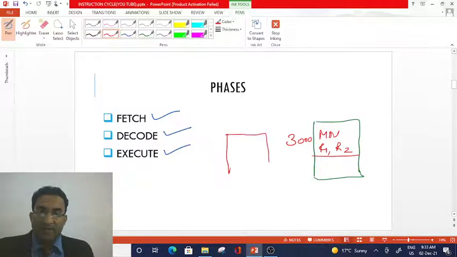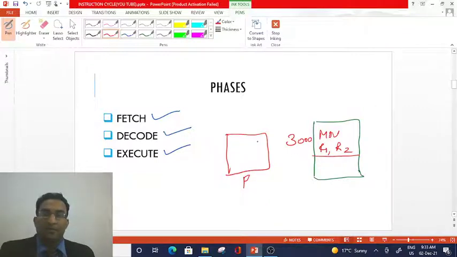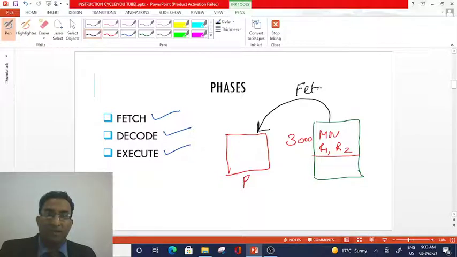So processor has to execute this particular instruction. So first of all, processor will bring this instruction into the processor from memory by going at location number 3000. So this operation to bring the instruction from the memory to the processor is called fetch operation.